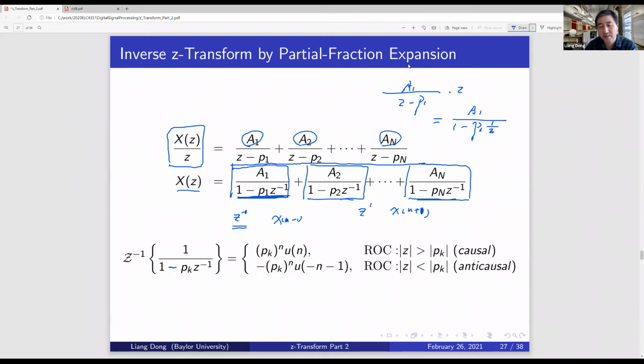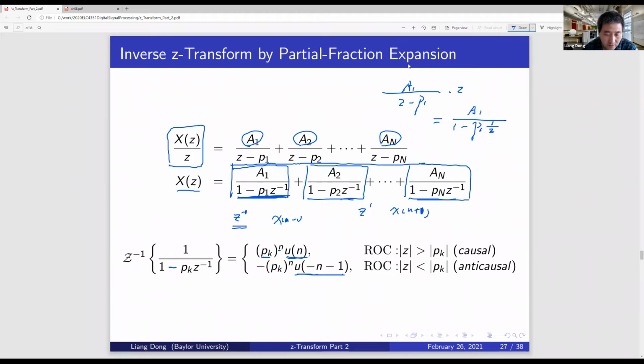This is very easy to do. If you check back the table, you will find this is simply p sub k to the power n times a step function if it's causal. If it's anti-causal, then I put an anti-step function, u of negative n minus 1.